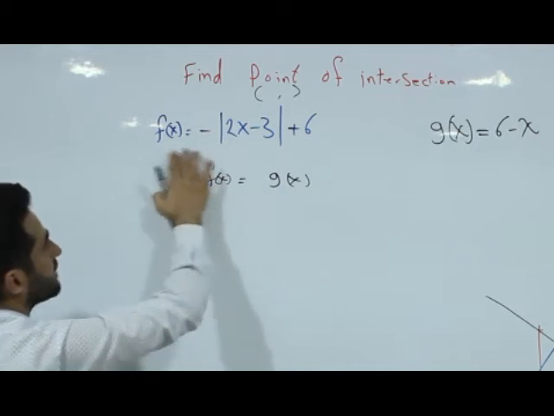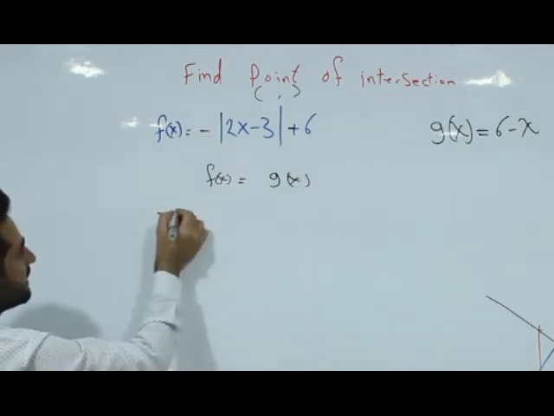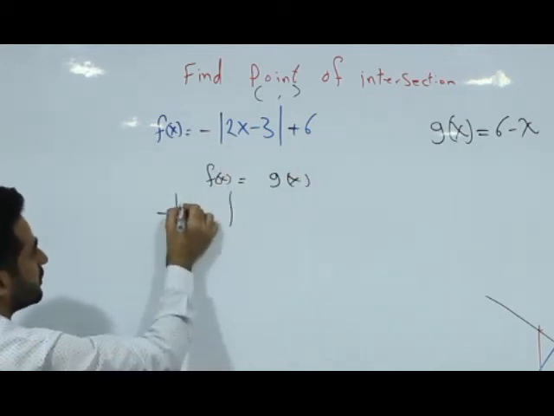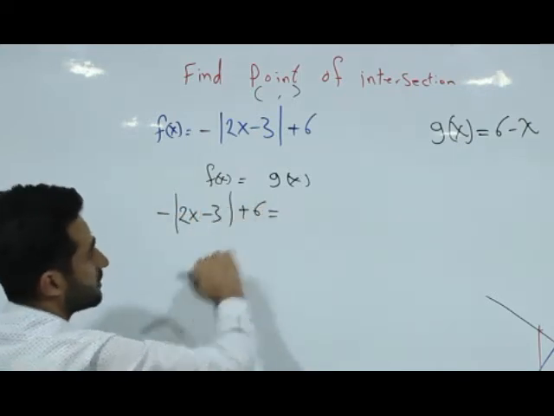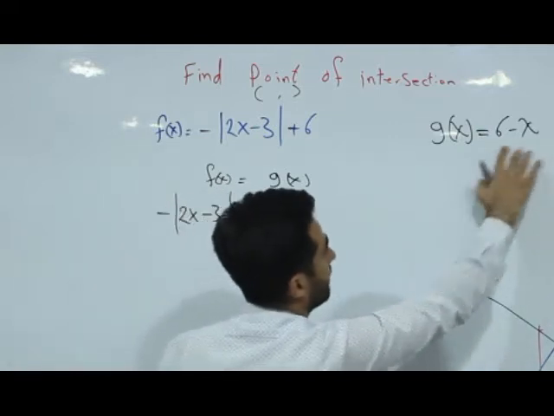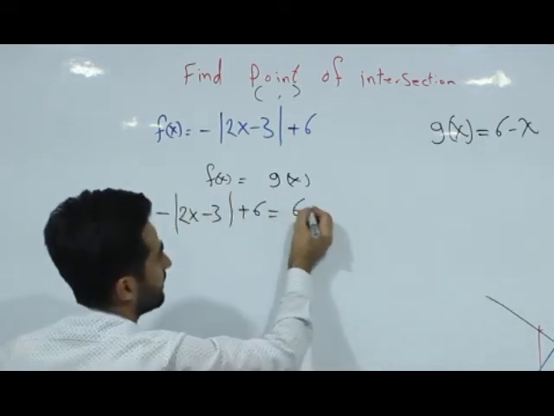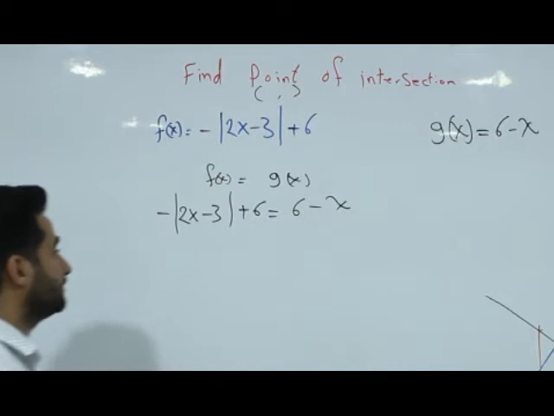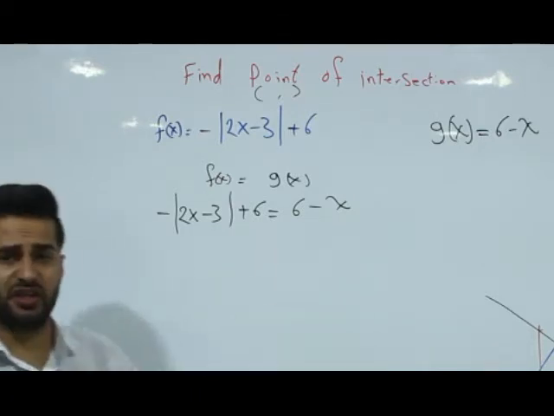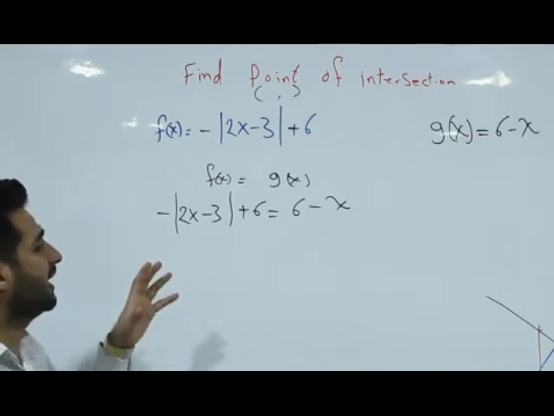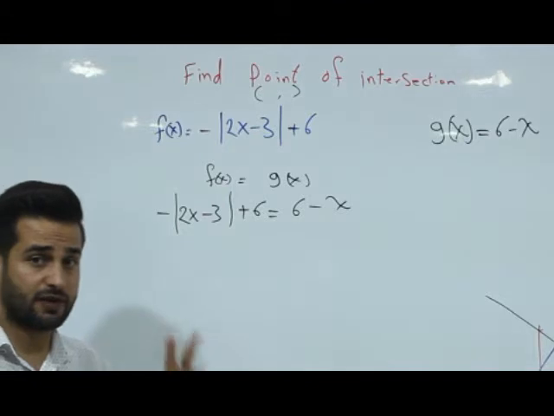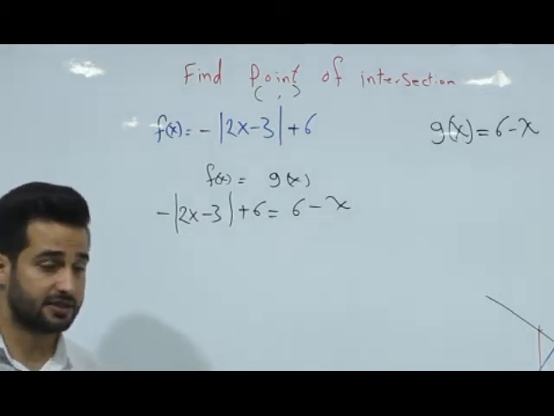Instead of f of x, write this equation, minus absolute value of 2x minus 3 plus 6, which is equal to g of x, which is 6 minus x. And then, because this is not a linear function, we would have to bring everything to one side if we have power 2 or power 3 like this.